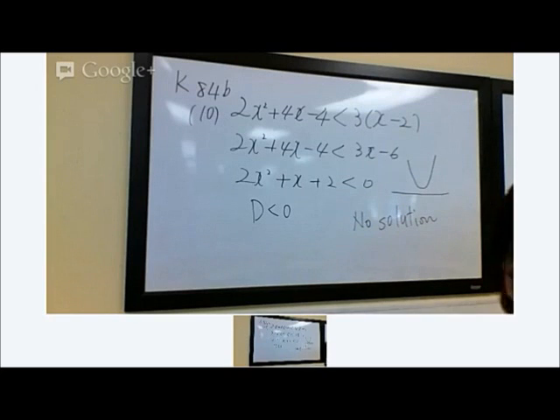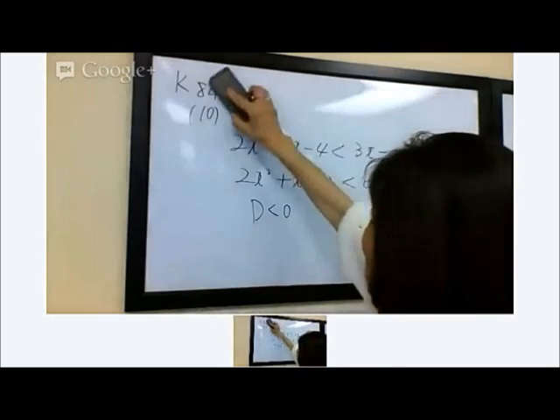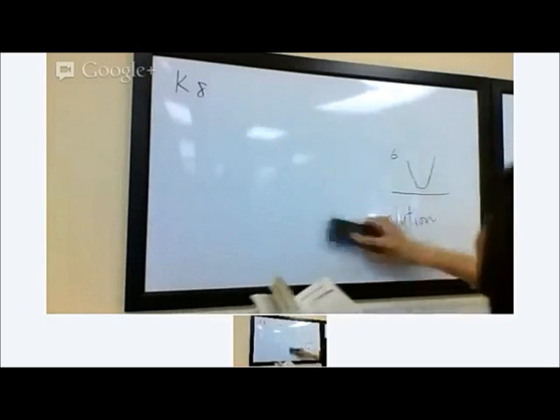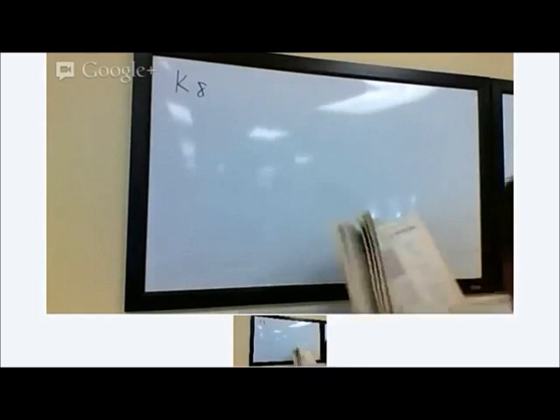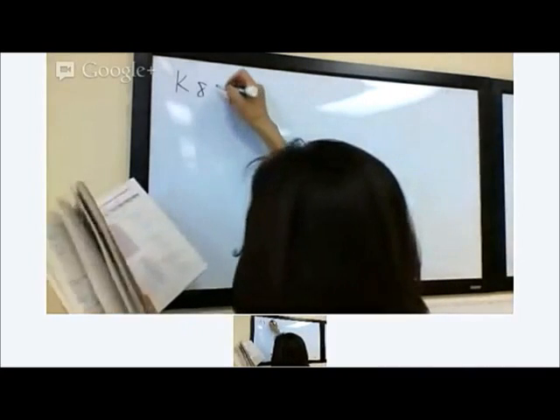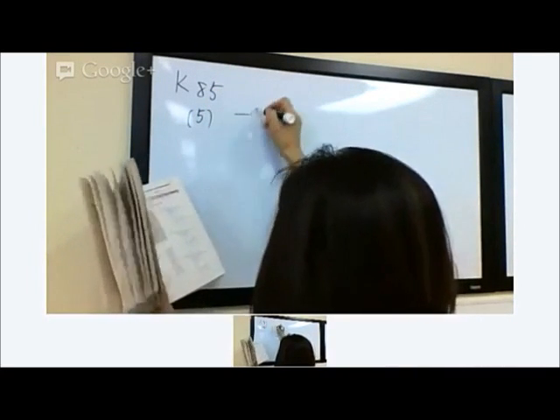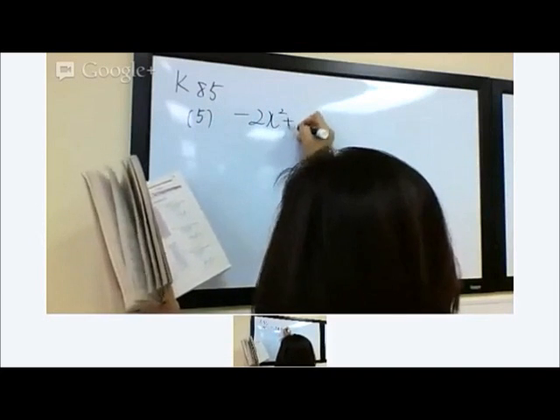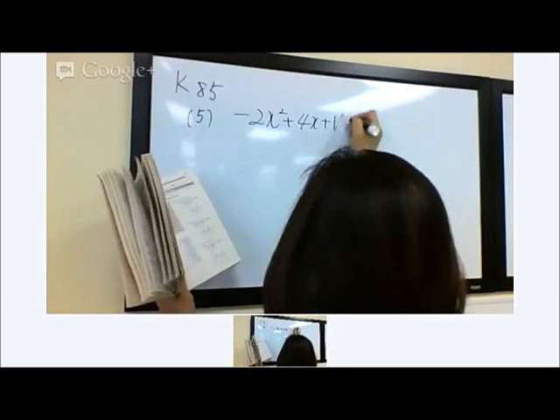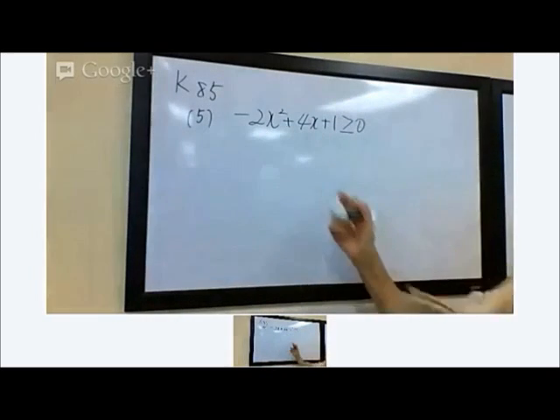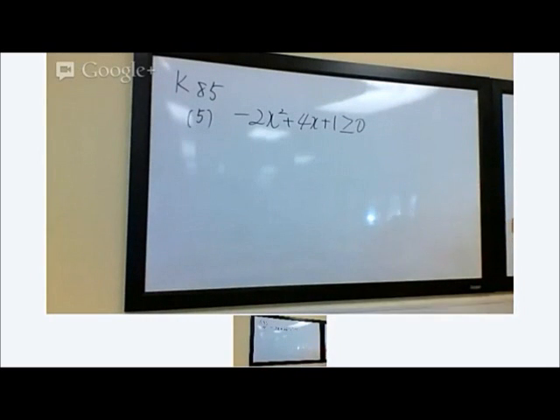Then 85, number 5 we do. I'm glad I have the big note in there. 85, number 5. So the highest degree, the x squared coefficient, is negative.